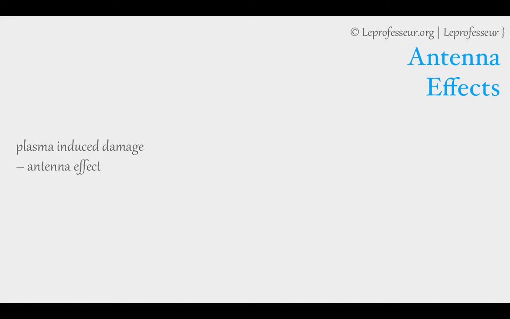And a typical process being used uses plasma. Now we're not going to go into detail about how this plasma process works. The idea for this lecture is to get a concept of antenna effect and how we can avoid it during the design process.